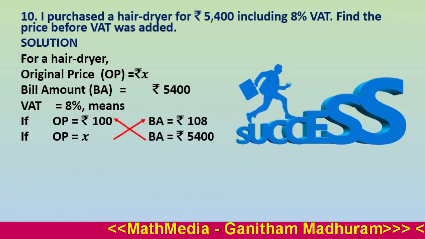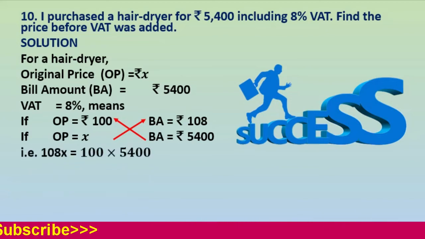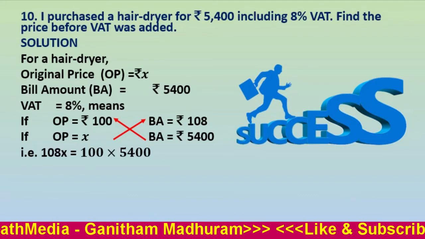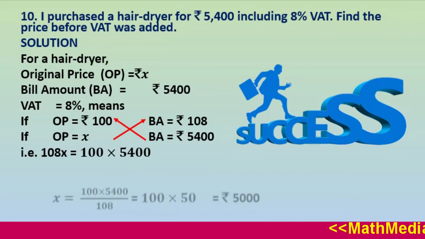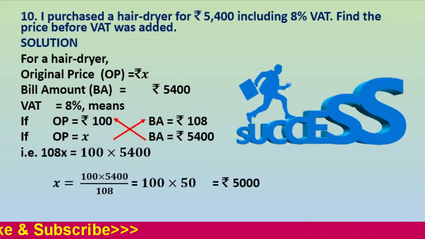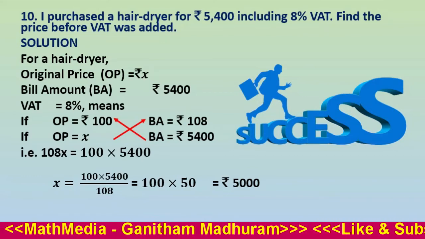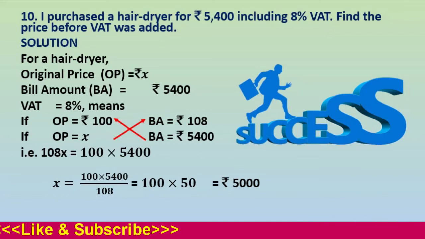We have to cross multiply. So 108 into X equal to 100 into 5400, or X equal to 100 into 5400 whole divided by 108. So cancel 108 and 5400, we get 50.